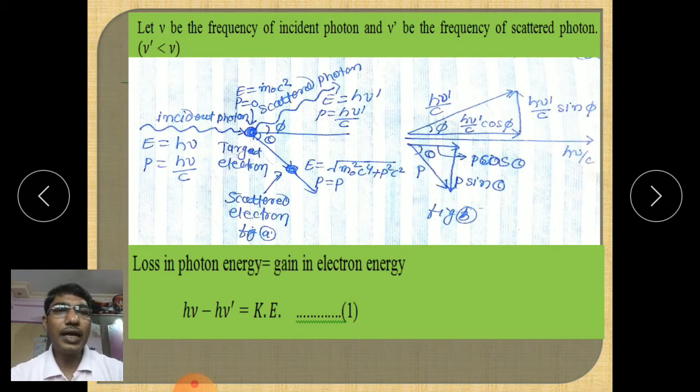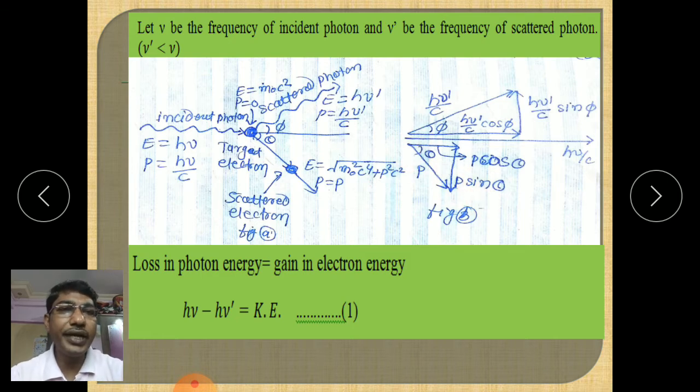Now the momentum is a vector quantity. The momentum is conserved in magnitude as well as direction. This is the vector diagram of momentum: the momentum of scattered photon and momentum of recoil electron.